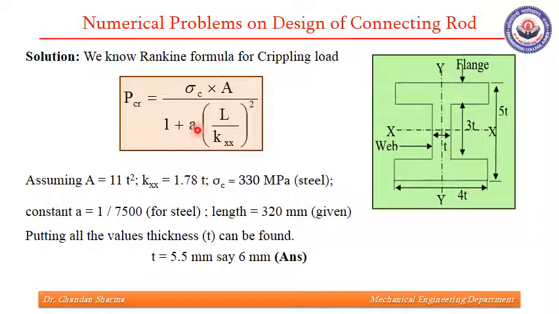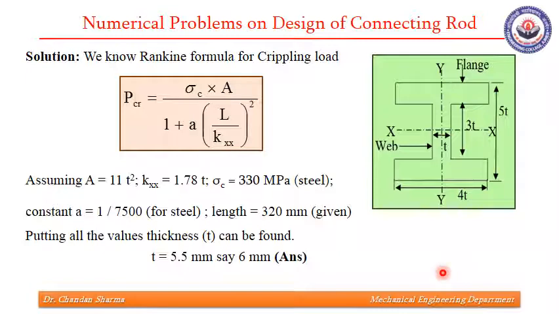A is a constant, the Rankine constant, whose value for steel is 1 upon 7500, and kxx for this section is 1.78 t, and we have already found our crippling load. So in this equation, the only unknown left is t.